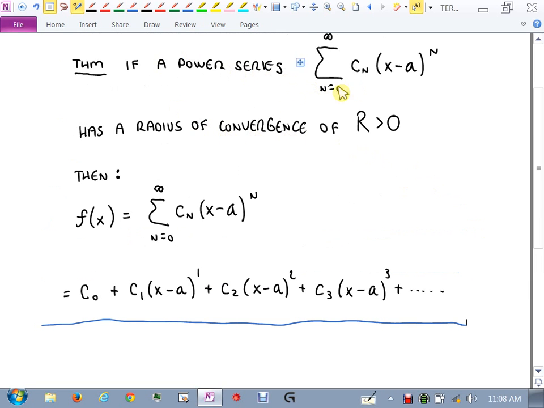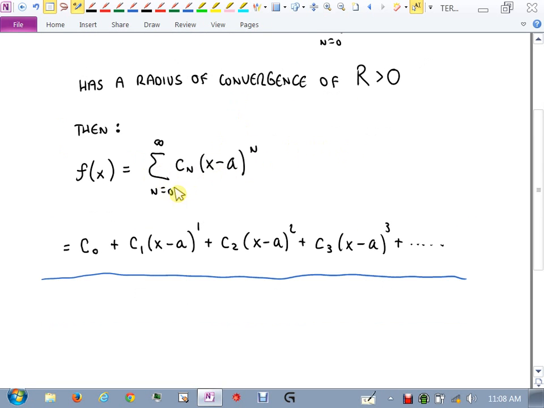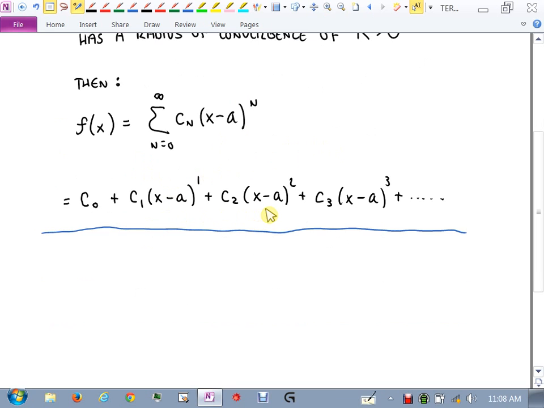I'm saying if this power series has a radius of convergence greater than 0, then the power series can be written this way. And the derivative of that power series would be what? So let's just try it. Let's just do term by term differentiation on this right here. What's the derivative of c naught? 0. So I'm going to write that down.